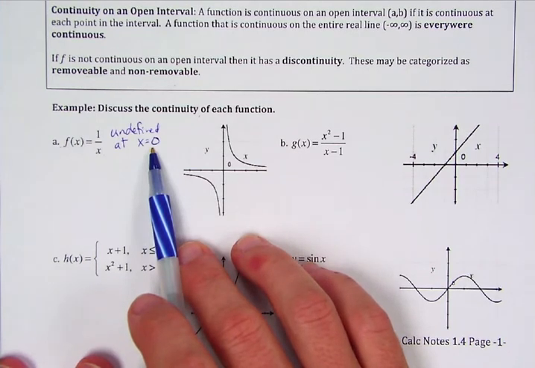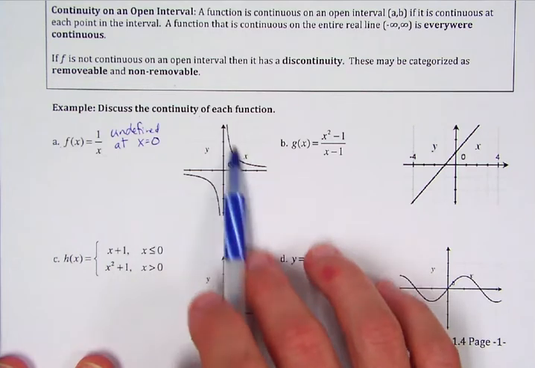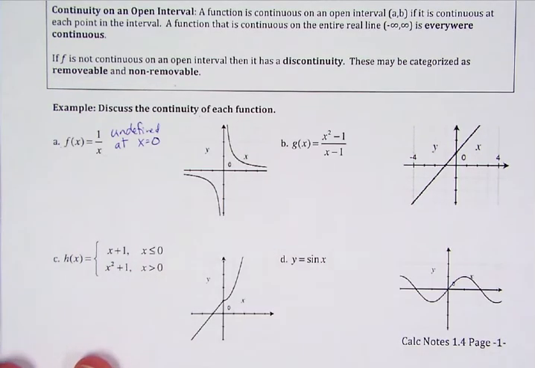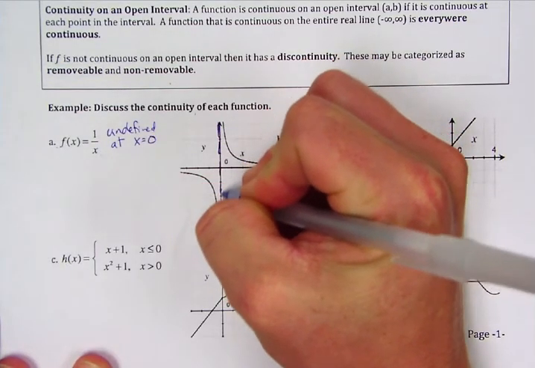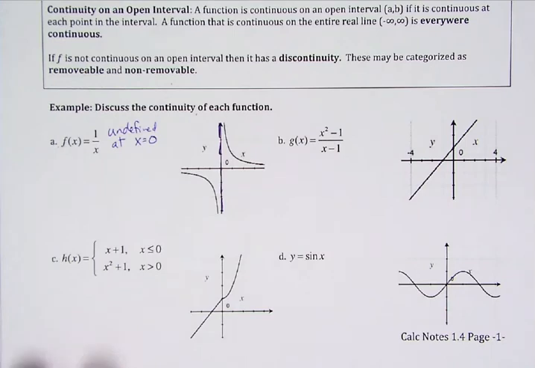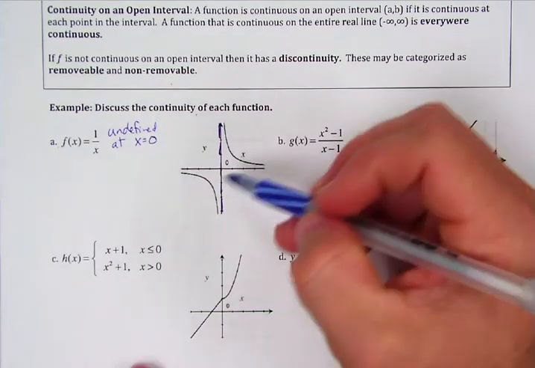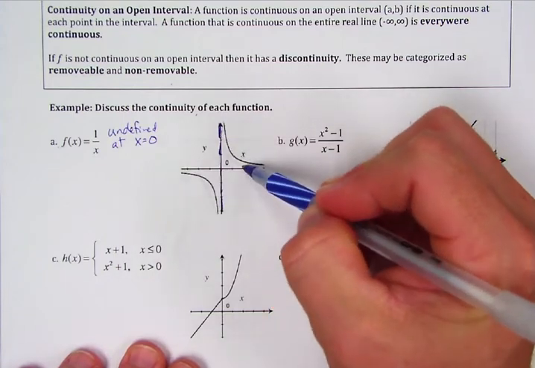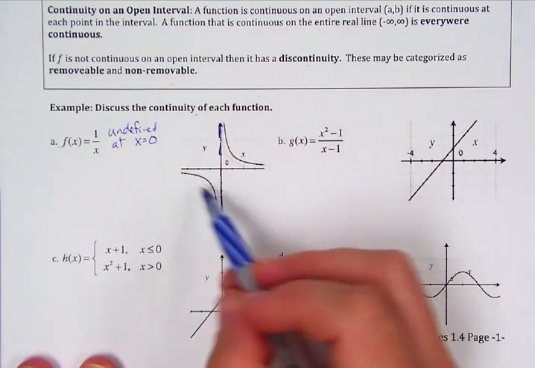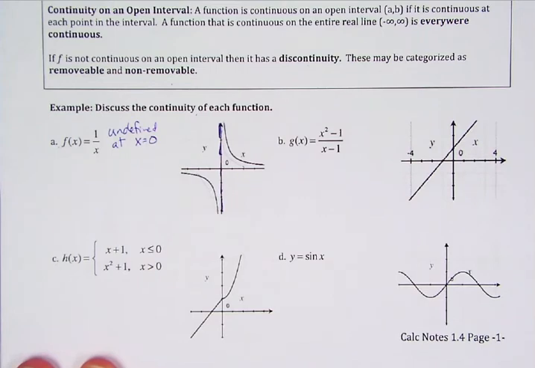Therefore, we know this function is not going to be continuous on the whole number line. We can also see here, we have a vertical asymptote right there. And so the value is going to be undefined, and the limit also doesn't exist. But it looks like everywhere else it's going to work.